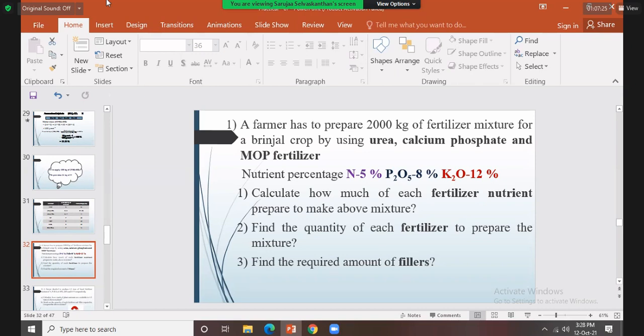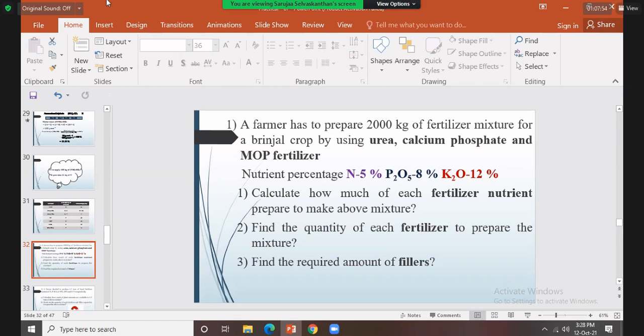Now you know 100 kilogram has 5 kilogram nitrogen, 8 kilogram phosphorus, 12 kilogram potassium. Then here they ask 2000 kilogram. You are thinking 100 kilogram has 5% nutrition. Okay, then how much in 2000 kilogram?